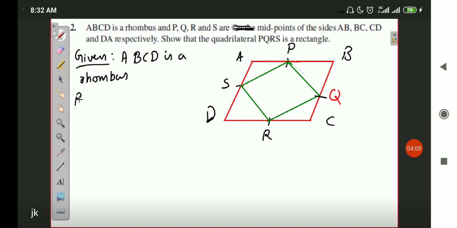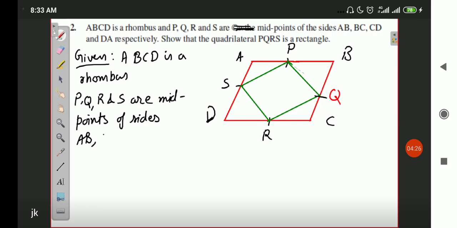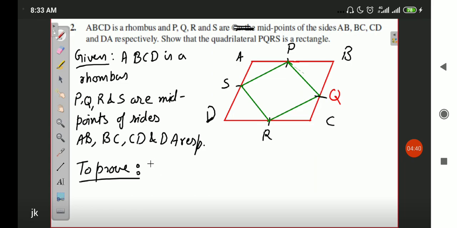Secondly, P, Q, R and S are midpoints of sides AB, BC, CD and DA respectively. Next, we need to prove that this PQRS is a rectangle.